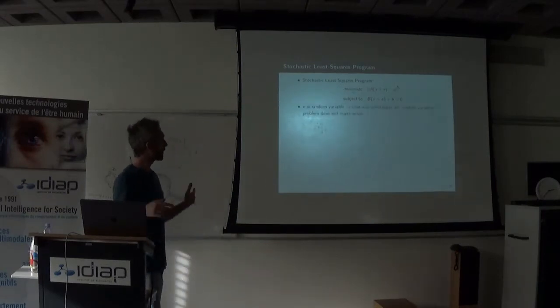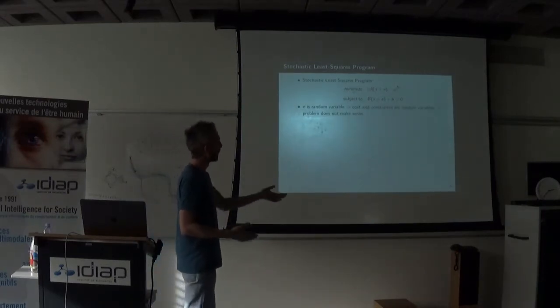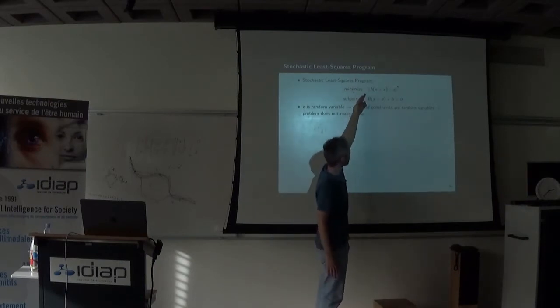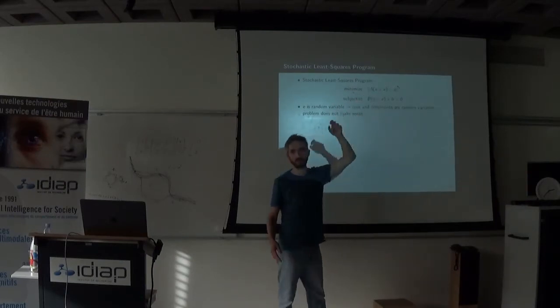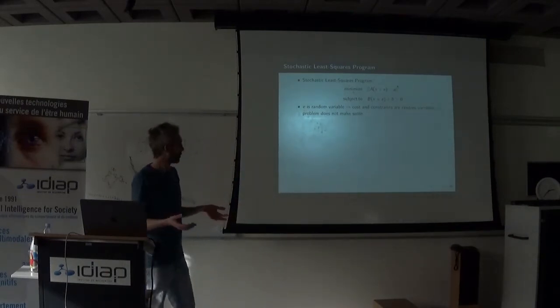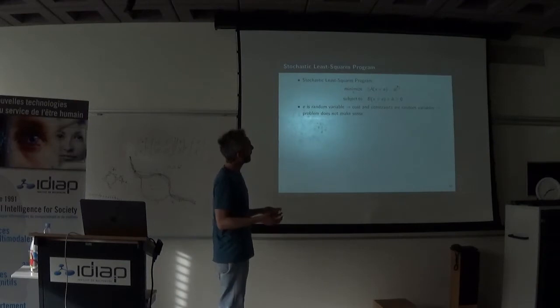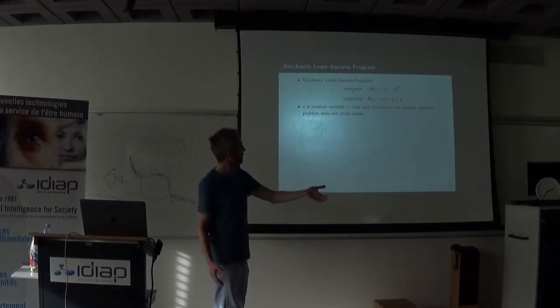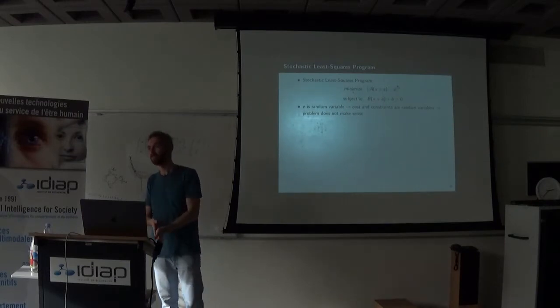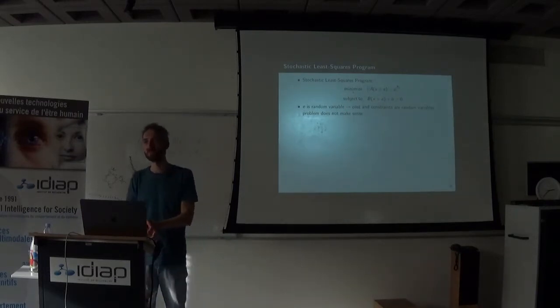And since e is a random variable, the constraint and the cost are functions of a random variable, so they are random variables themselves. So what does it mean to say I want this random variable to be greater than 0? It doesn't mean anything. You cannot say a random variable is greater than 0.